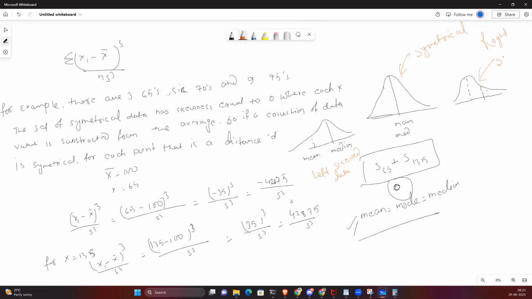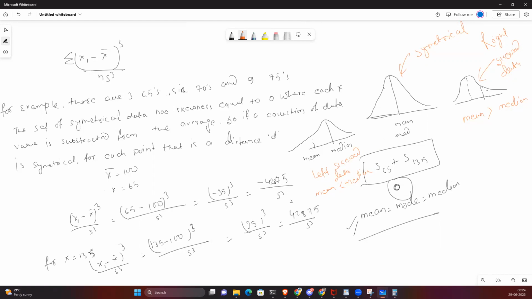What we understood here is that in one case mean is greater than median, and here mean is less than median. So now you can understand if someone says it is left skewed data or right skewed data, you can answer this part, right?